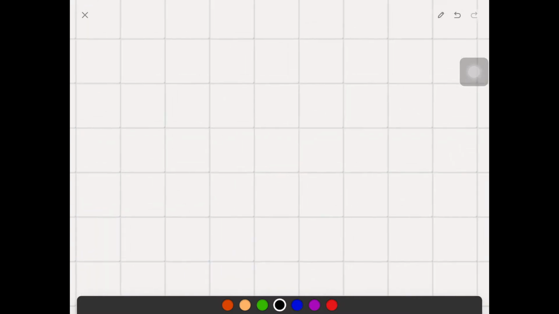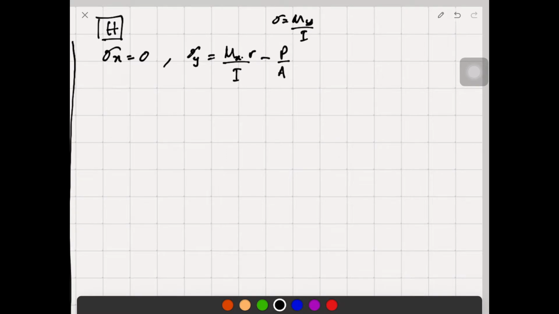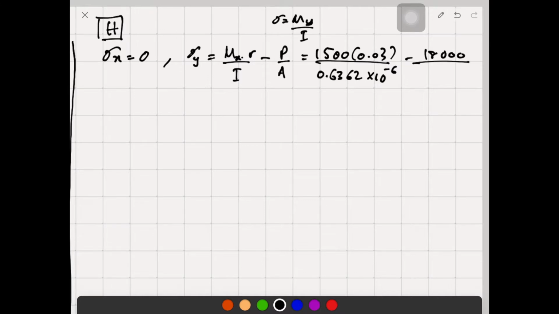So what you need to do is just plug the values into this equation: 1500 times the radius, 0.03, and the I we already solved earlier, 0.6362 times 10 to the power of negative 6, minus 80 kilonewton over the A, 2.827 times 10 to the power of negative 3.